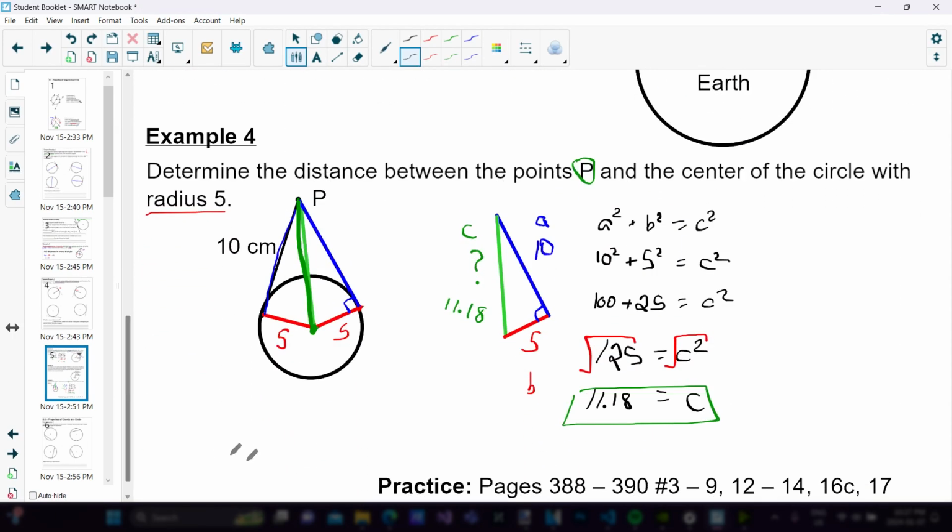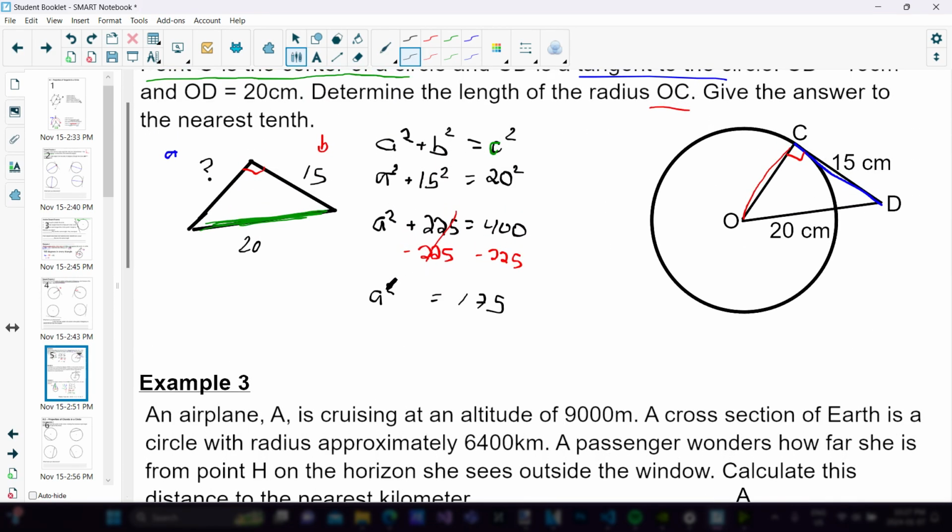Now this question looks the exact same as this one. I want A. I don't want A squared. So how do you get rid of something that's squared? Well, you square root it. Boom, they cancel each other. Whatever you do to one side, you do to the other.